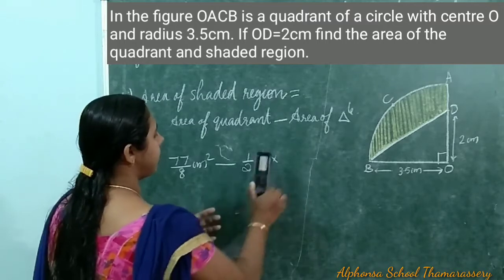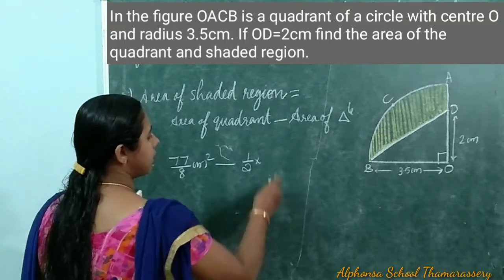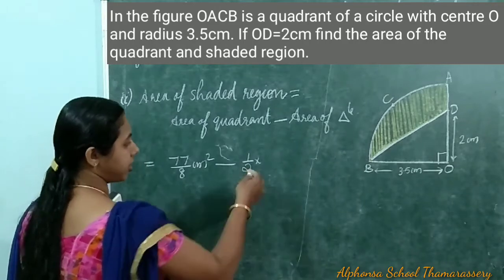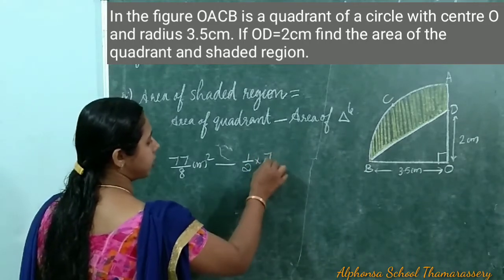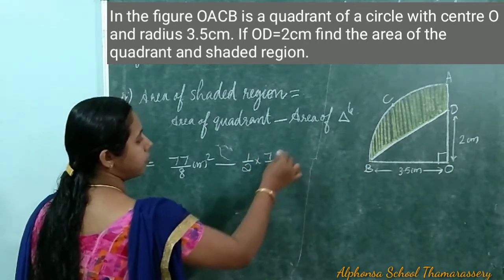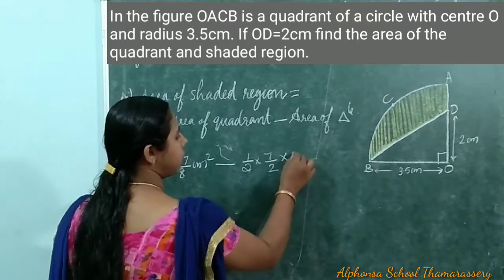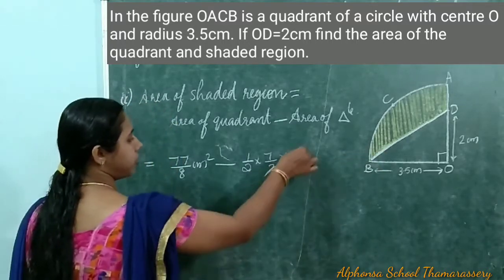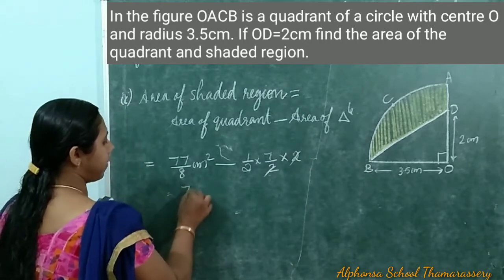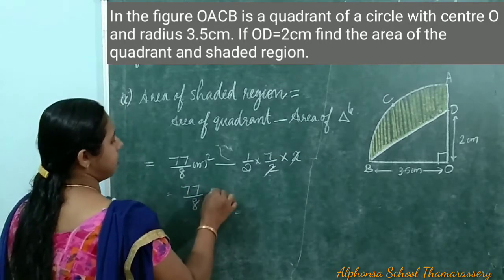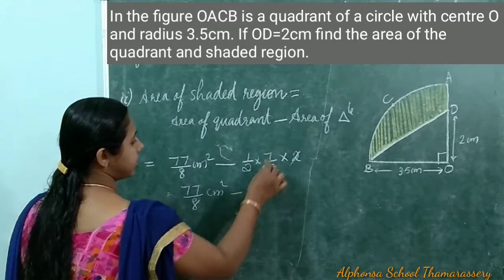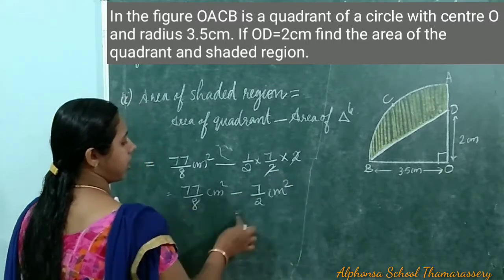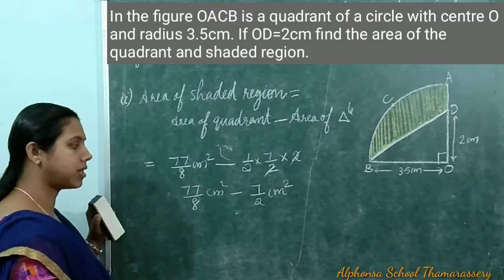Half into base, the base is 3.5, which in fraction form is 35 by 10, the lowest form is 7 by 2, into height. Height is equal to 2 centimeter. Now 2 and 2 cancelled, then it will be 77 by 8 centimeter square minus 7 by 2 centimeter square. The area of the triangle is 7 by 2 centimeter square.